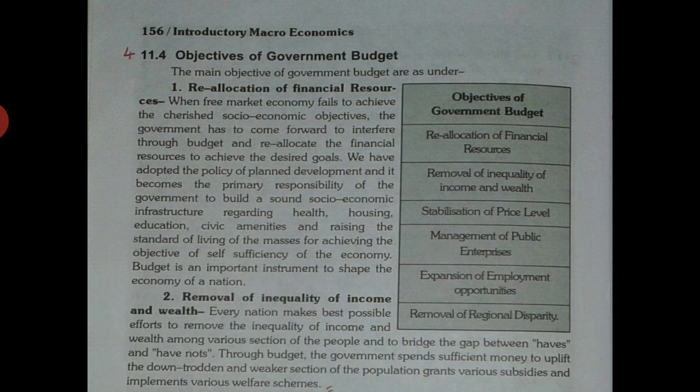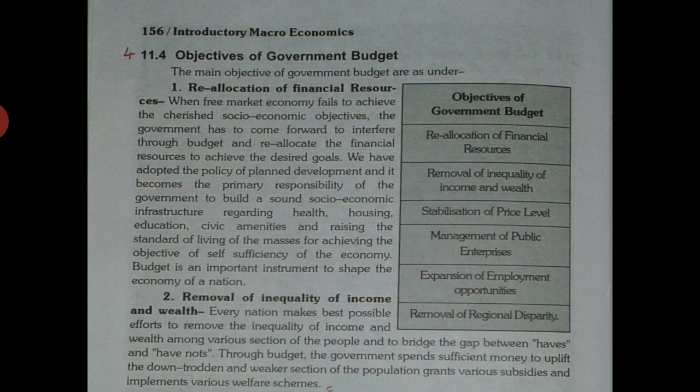All these enterprises are working for the betterment and welfare of the public. So their remuneration has to be paid, facilities have to be improved. So where will the money come from for all this? Through the budget, the government decides from which sources the revenue will be collected and where to spend.